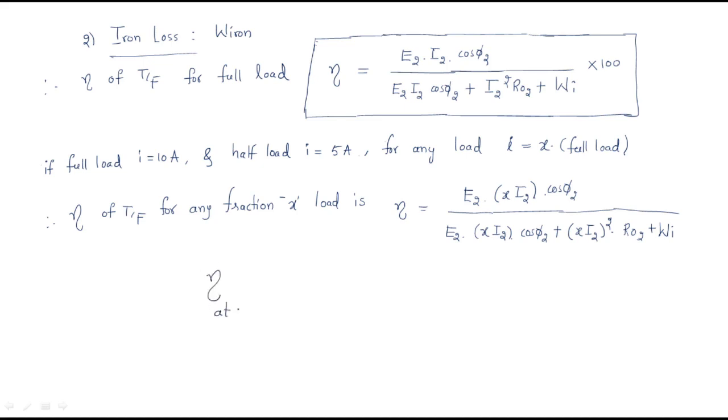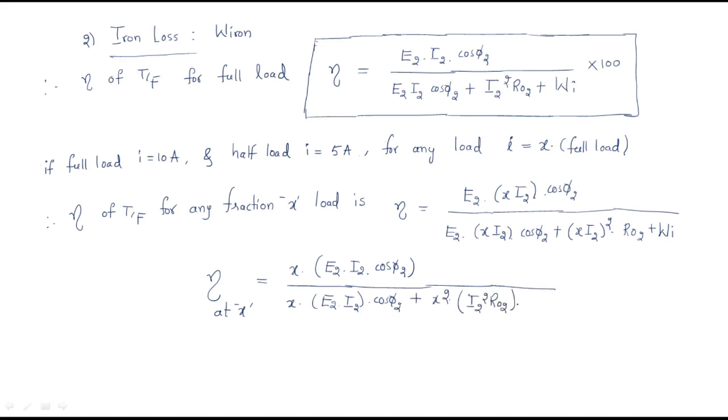The final efficiency at any fraction X of load equals X E2 I2 cos phi 2, divided by X E2 I2 cos phi 2 plus X square I2 square R02 plus iron loss, into 100.